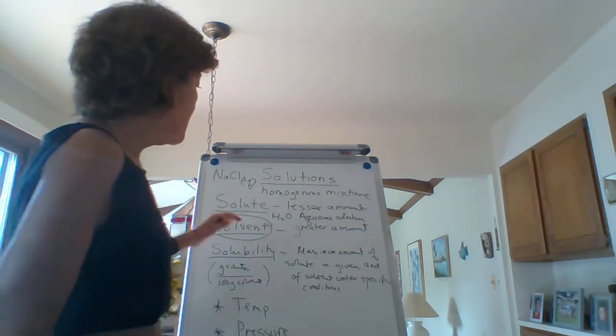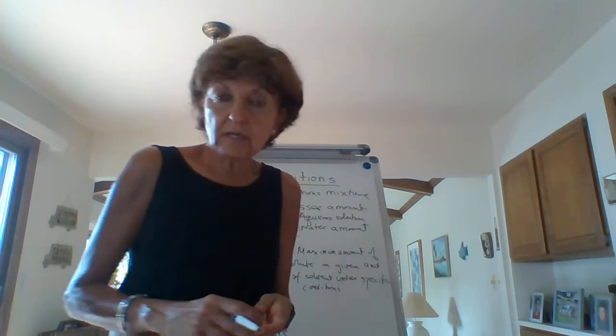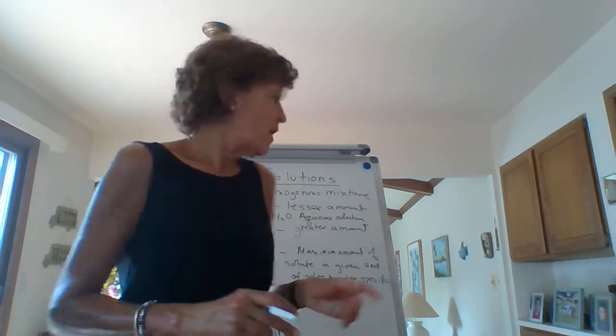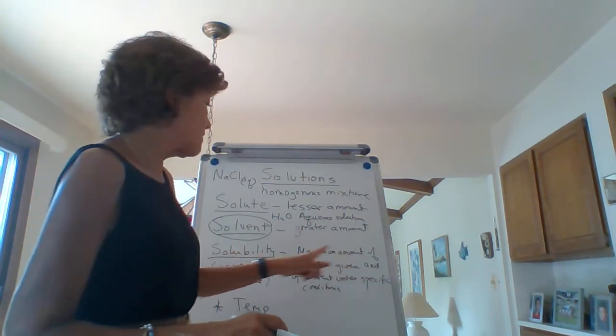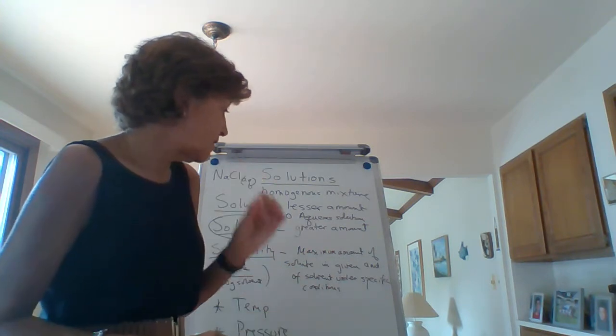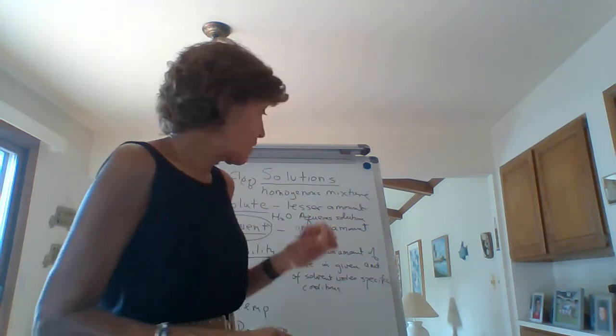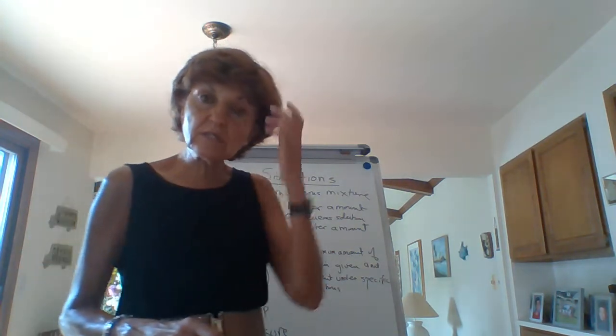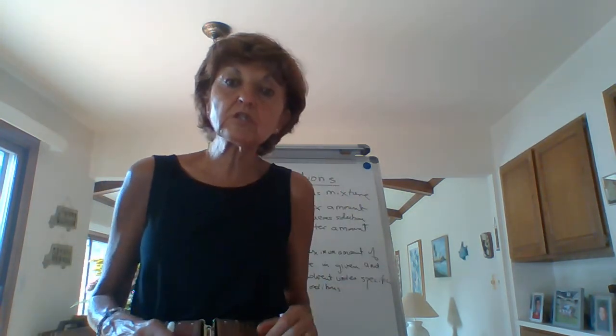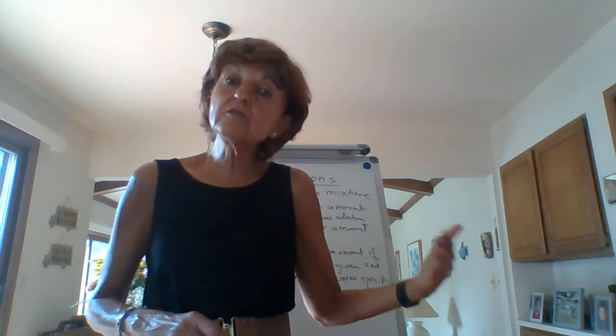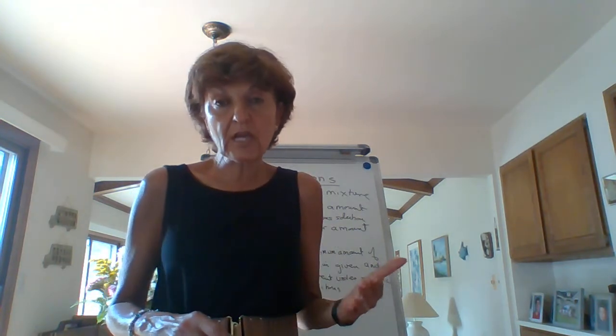All right. The term solubility, another term you guys need to know. It is the maximum amount of solute in a given amount of solvent under specific conditions. And it's important to say under specific conditions because solubility will change if the conditions change.